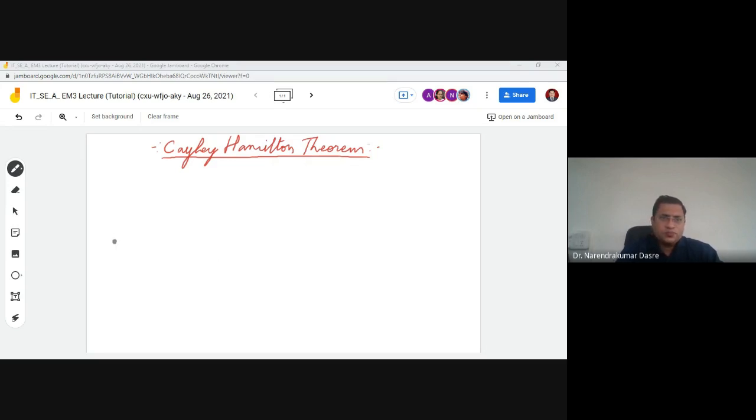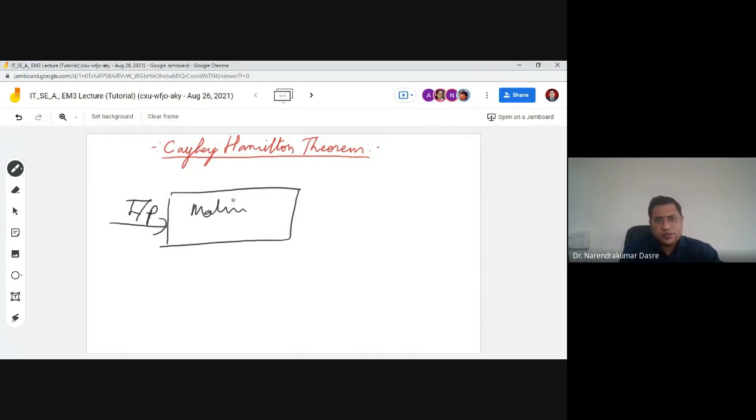Okay, so how to miniaturize this system? This is the input, then this is the matrix system, or the filter, and then you get a clean output. So our target is to miniaturize this matrix system or filter.